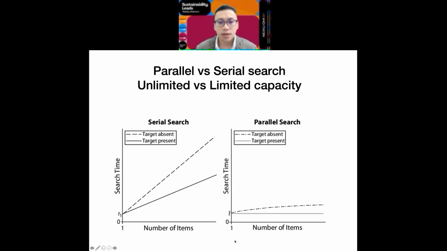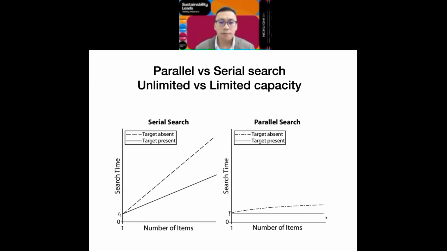But if you observe a results pattern like this, where the search reaction time does not vary a lot as a function of the display set size, then we can infer this kind of search is a parallel search with unlimited capacity.